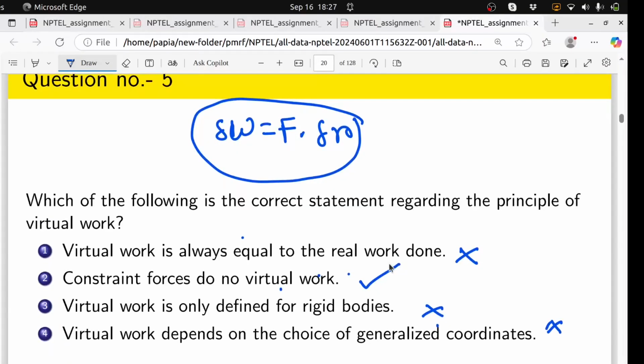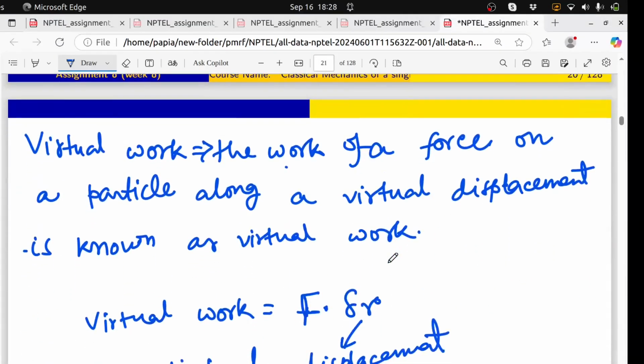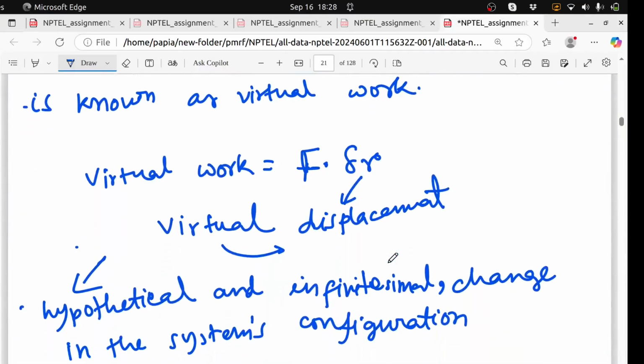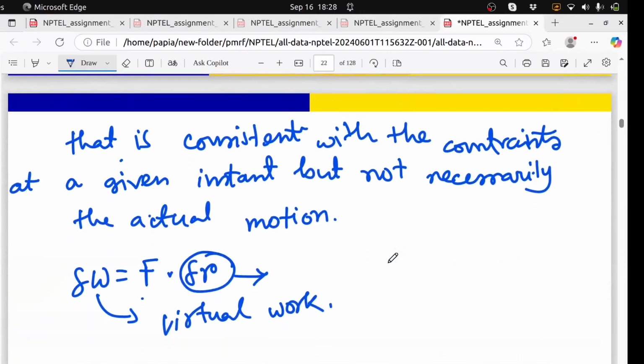So for the question regarding the principle of virtual work: virtual work is the work of a force on a particle along a virtual displacement, delta W equals F dot delta R. Virtual displacement is a hypothetical, infinitesimal change in the system's configuration consistent with the constraints at a given instant, but not necessarily the actual motion.